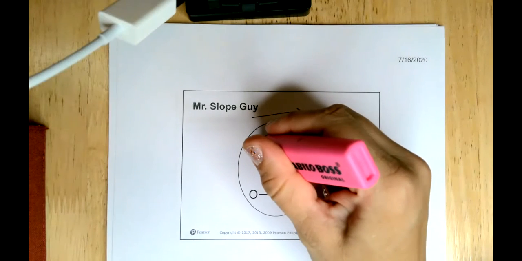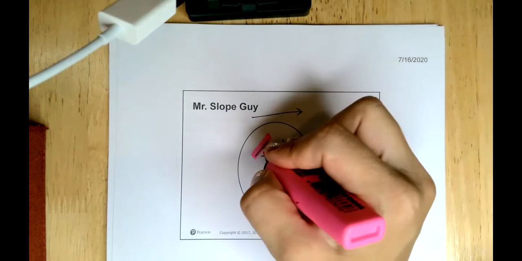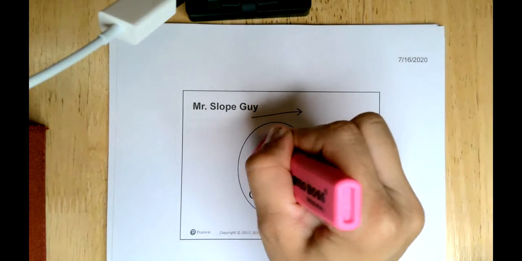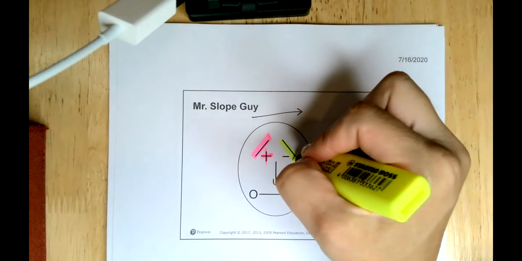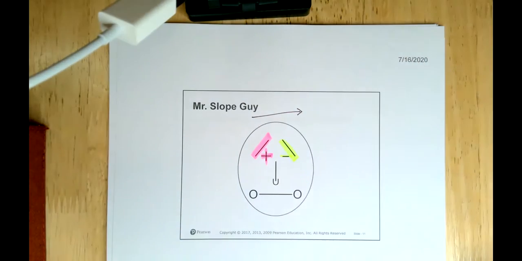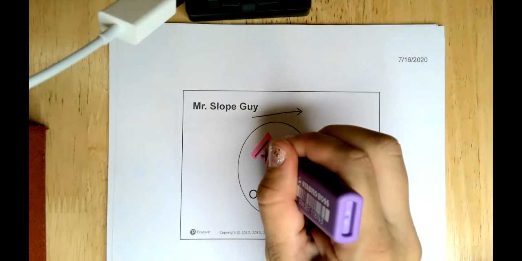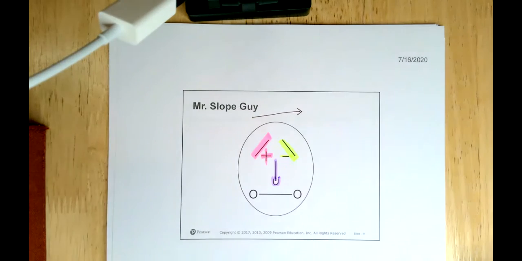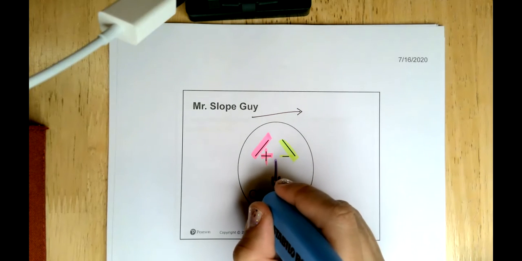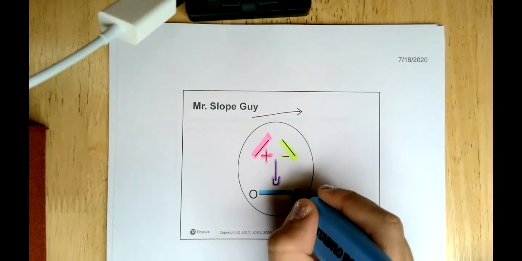A line that goes up like this has a positive slope. A line that goes down like this will always have a negative slope. A line that goes straight up and down will have an undefined slope, and a line that is flat will have a zero slope.